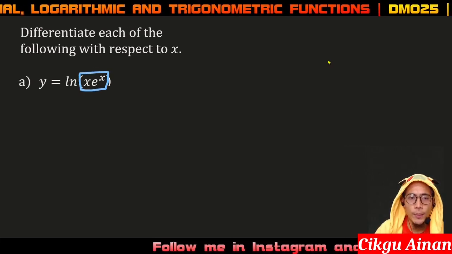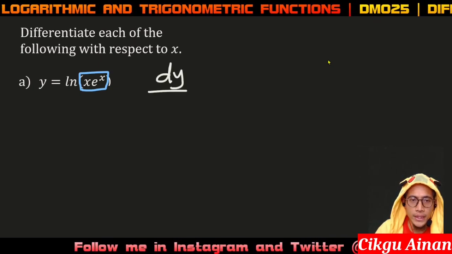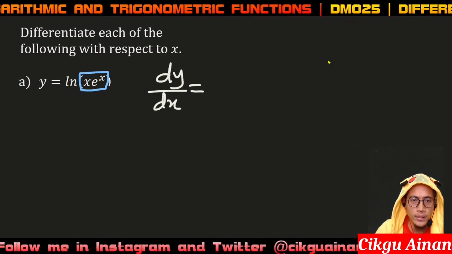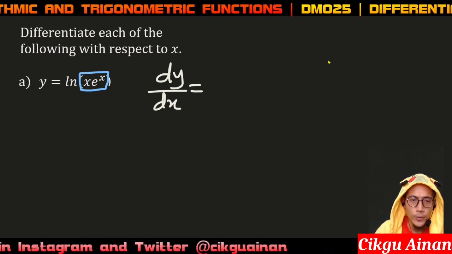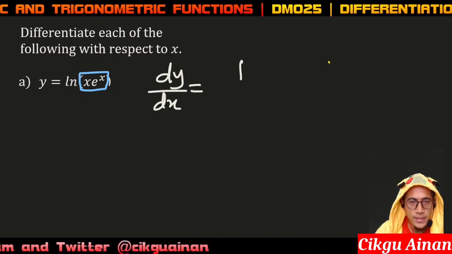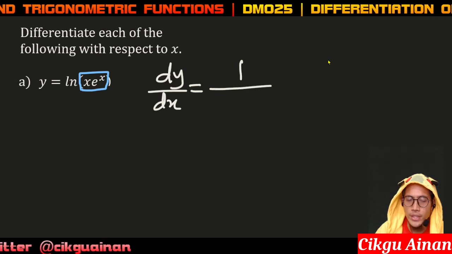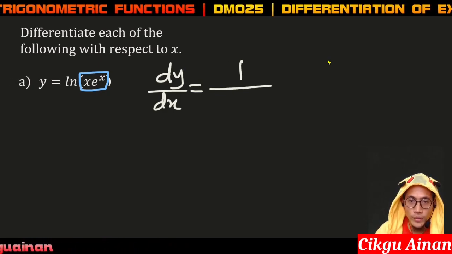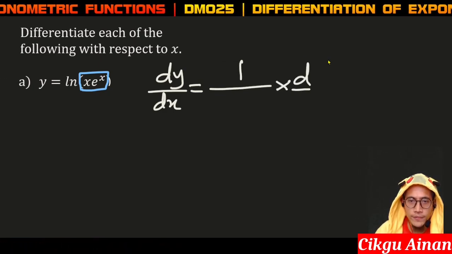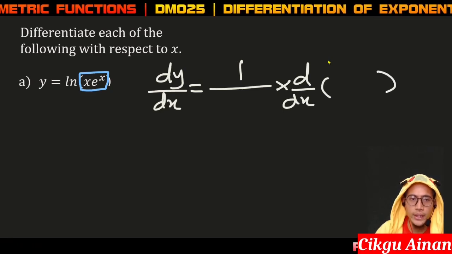By differentiating this function, we must do it like this: 1 over the bracket multiplied by the differentiation of the bracket. Now, what is the bracket?